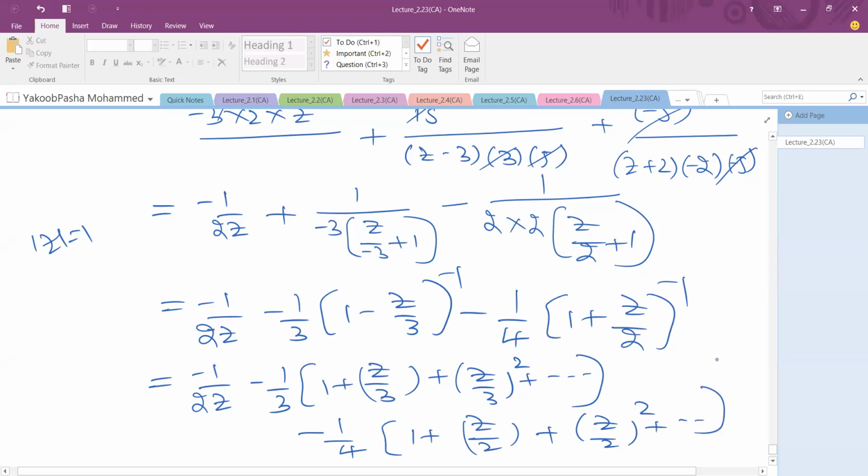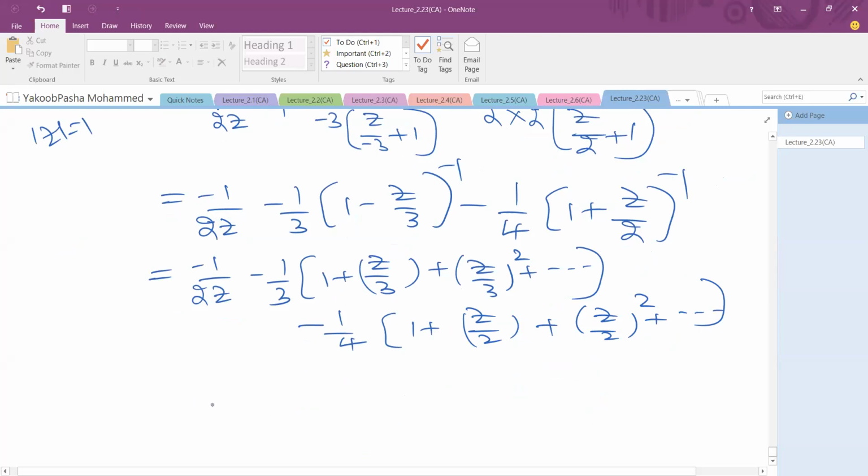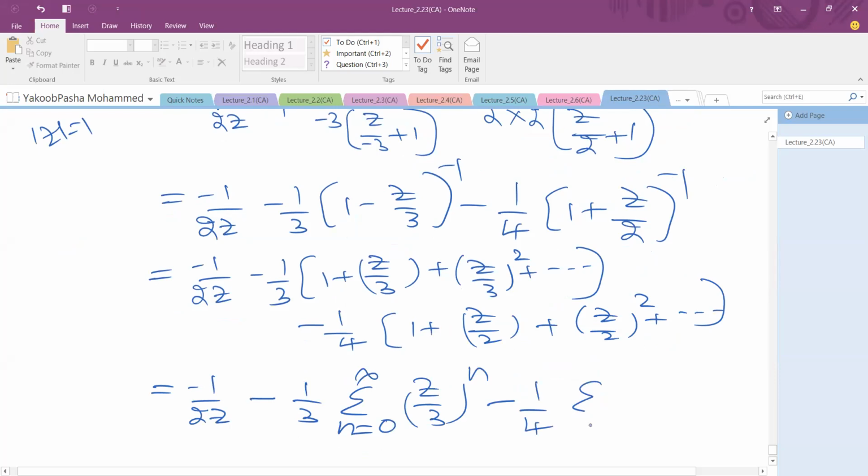Now use the summation notation. Minus 1 by 2z as this, minus 1 by 3 summation n is equal to 0 to infinity, here we can write z by 3 whole to the power n, minus 1 by 4 summation n is equal to 0 to infinity z by 2 whole to the power n.